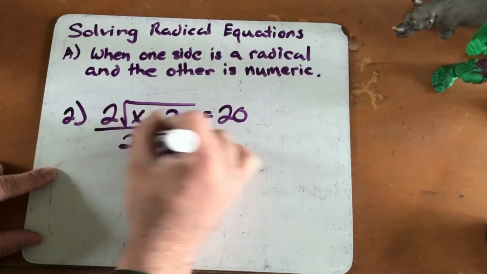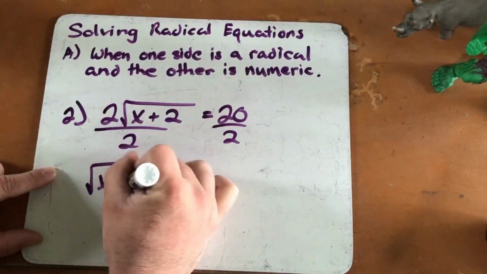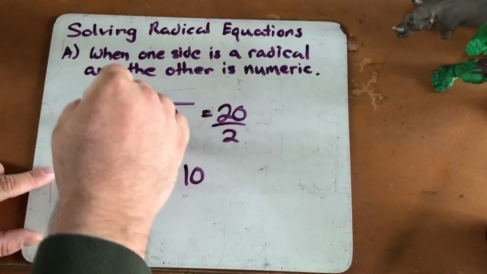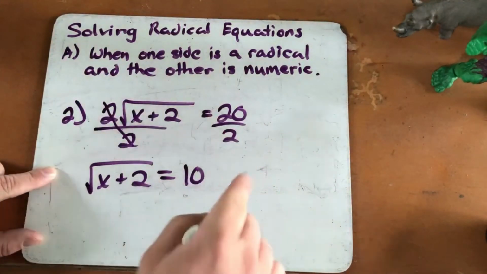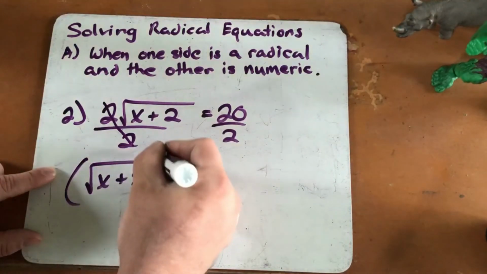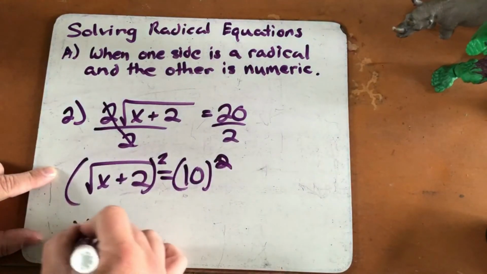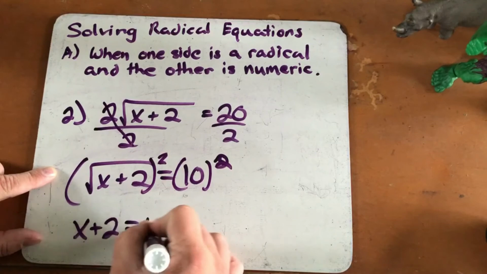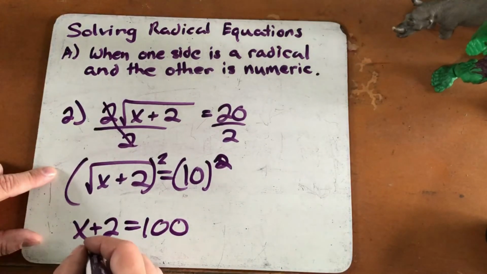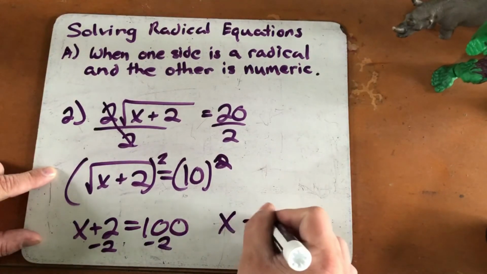So I'm going to divide both sides by 2, so that I now have the square root of x plus 2 equals 10, because 20 divided by 2 is 10. And now I'm going to do the same thing I did before. Once I have the radical by itself, I can square both sides, and I end up with x plus 2 equals 100. So now, subtract 2, x equals 98.